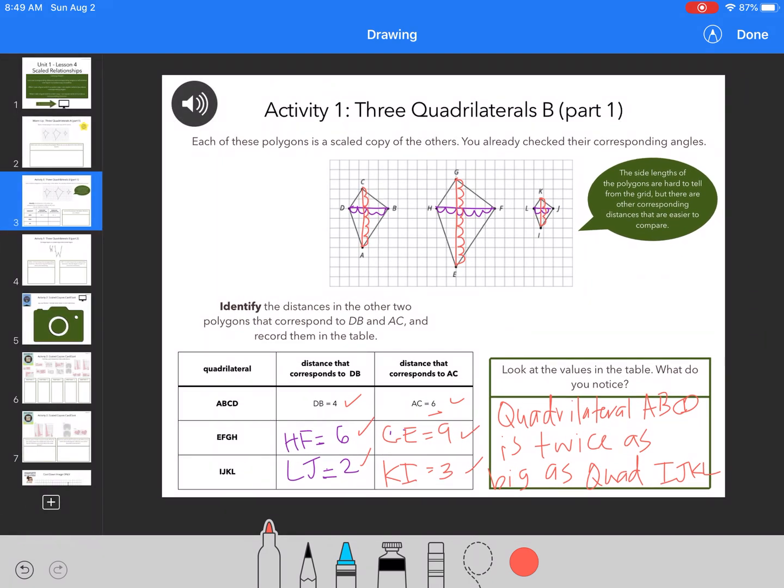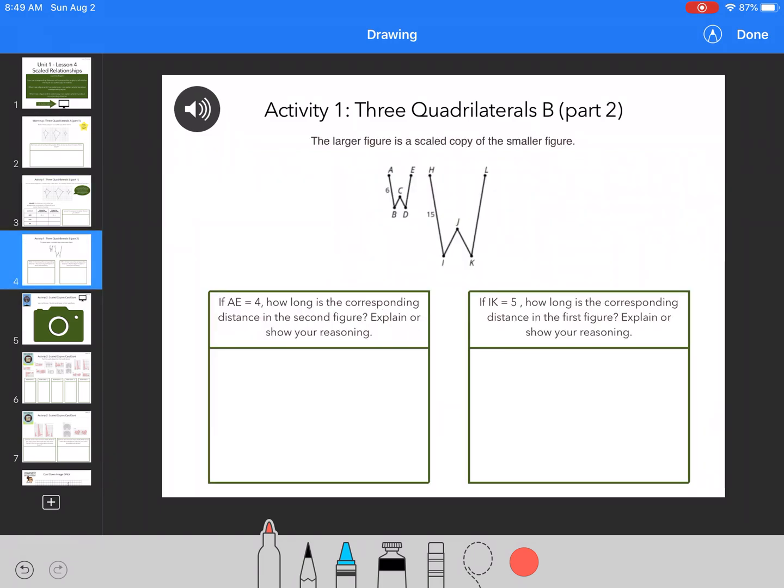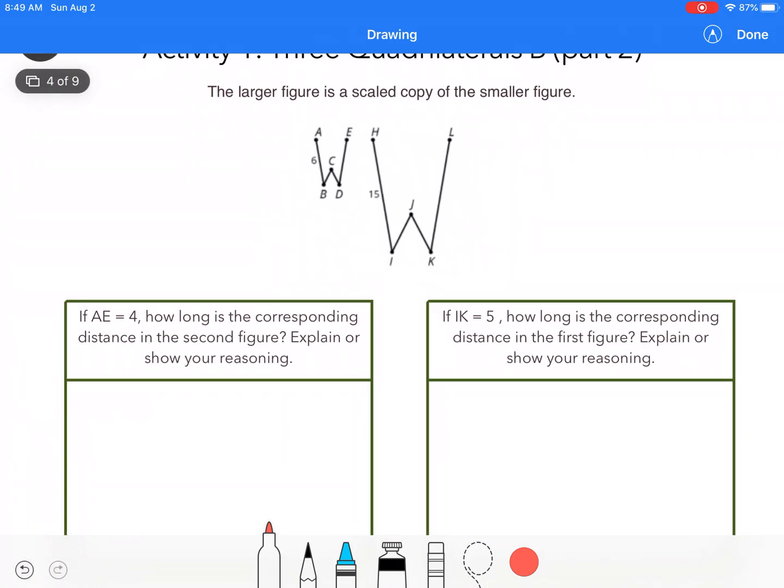So side lengths from polygons are hard to tell when you're looking at the grid, but you can look at other corresponding distances. So now we're still in that same activity and we're answering questions. So if AE is 4, what would be the corresponding distance on the second figure? So we're looking at HL.